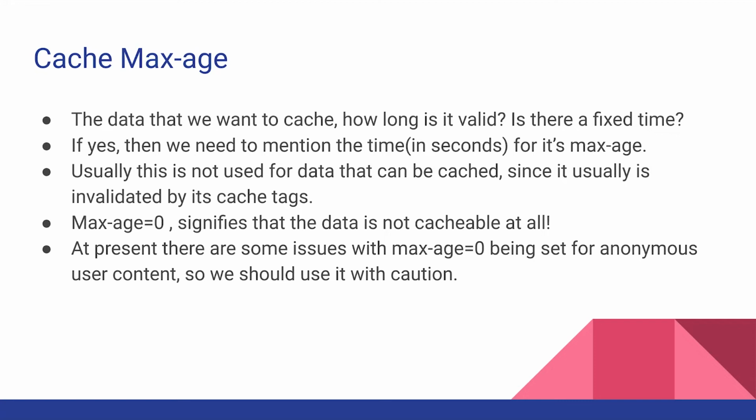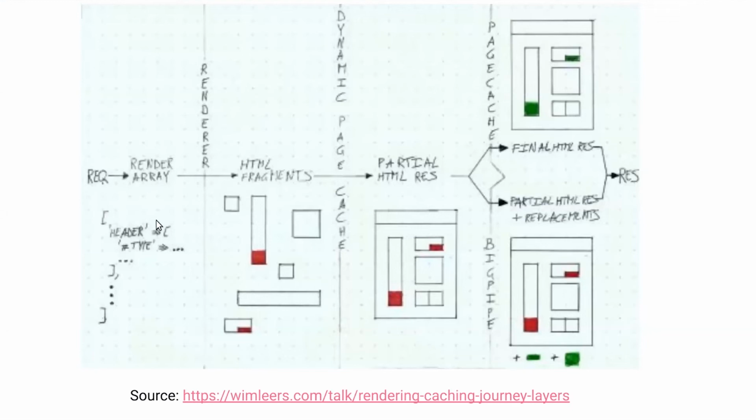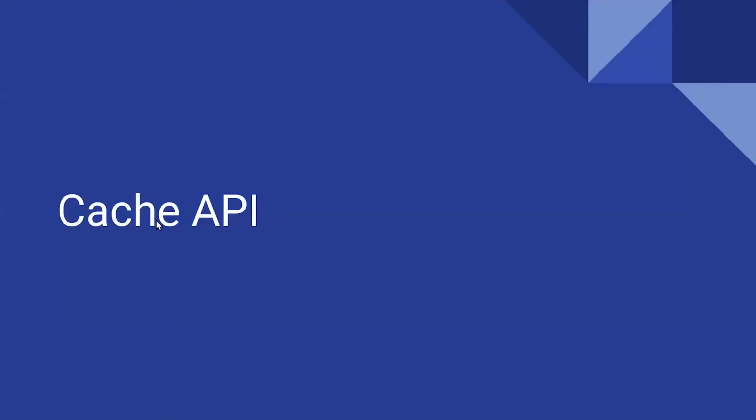If the answer is yes, then we can use the cache max-age feature. A max-age of 0 signifies that the entity should not be cached at all. It is completely uncacheable, so Drupal doesn't cache it, and every time it will go back to the render array and compute the data for that particular entity.